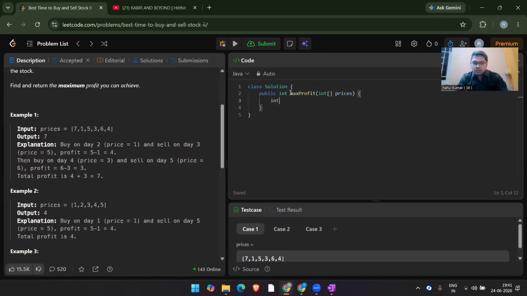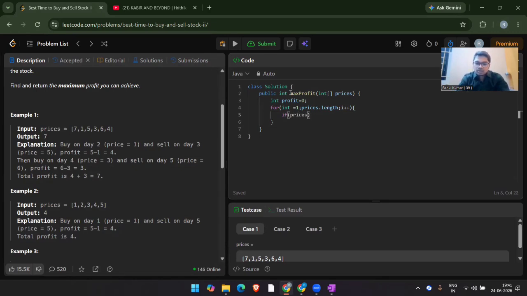We can write the code. First of all, I will create a variable profit initialized with 0. I will start a for loop and iterate from index 1 till the length of the array, and it will keep incrementing by 1. Now I will apply one if condition.